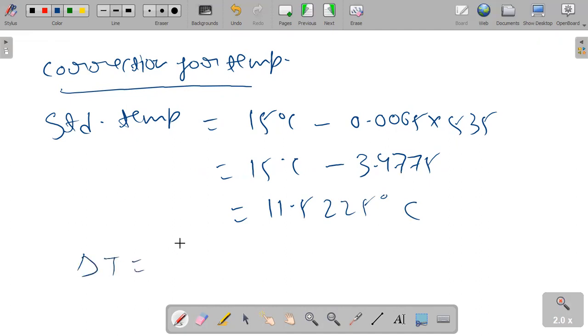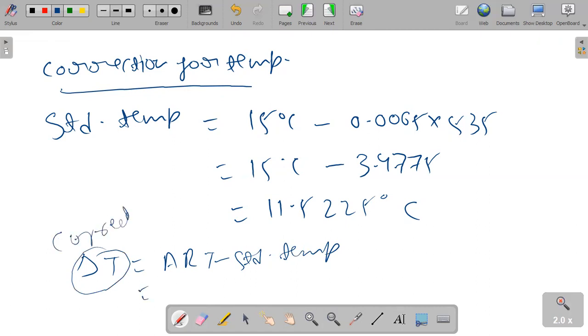Now we get the change in temperature, that is ART minus this standard temperature, the correction of temperature.